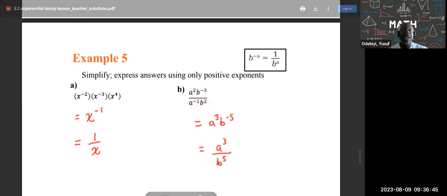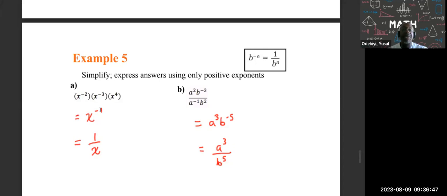So x to the power of -1. Also, we know that when it's x to a negative exponent, it's basically 1 over x to that exponent. And we don't write the exponent of 1, because you never put anything to the power of 1.